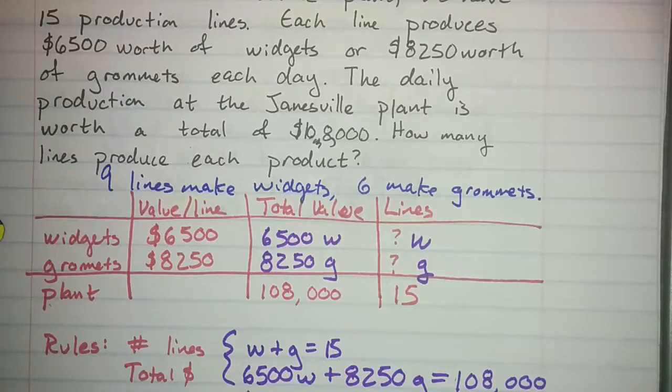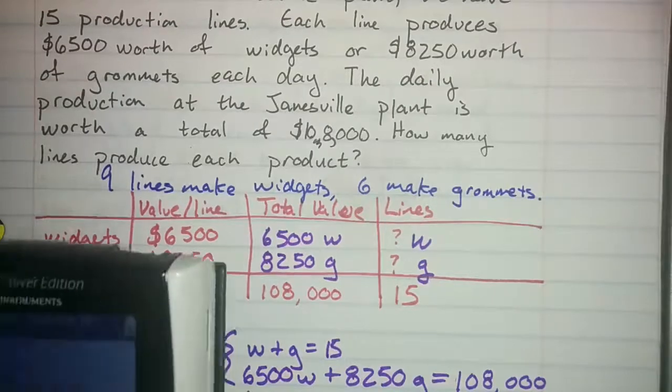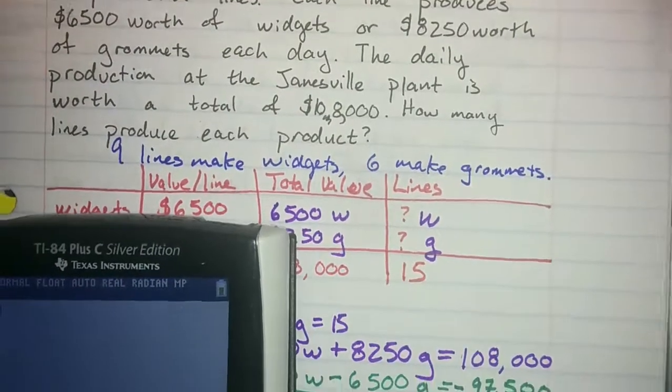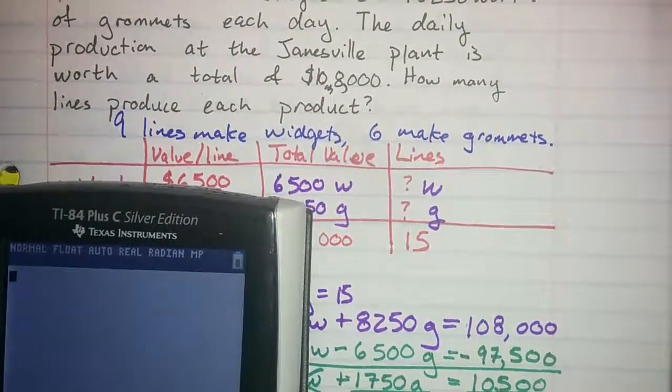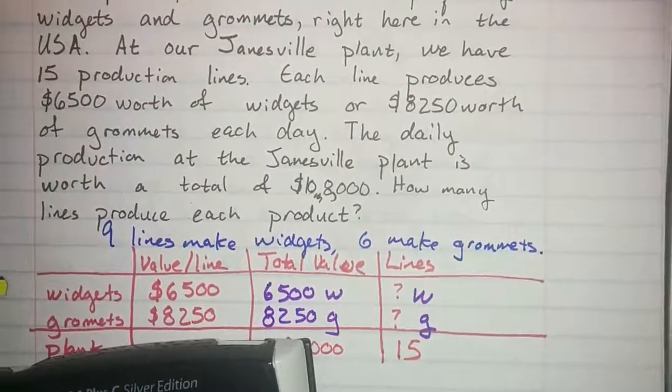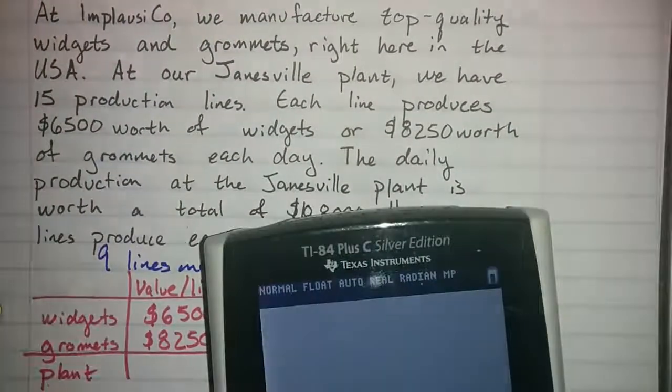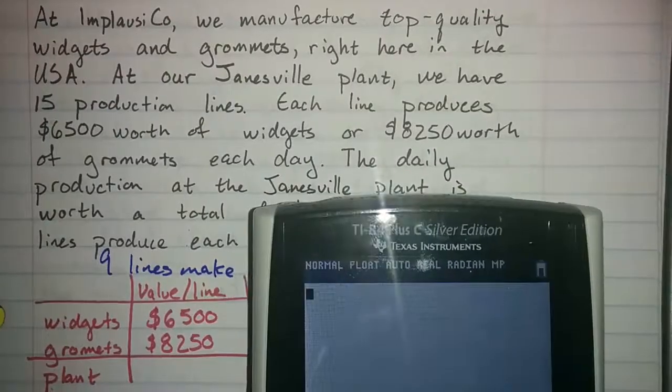Now, does that make sense? Well, first of all, they add up to 15. That's good. Second, I think I'm going to run through the calculator how much I would make if 9 lines make widgets and 6 make grommets. All right, a line that makes widgets earns 6,500.